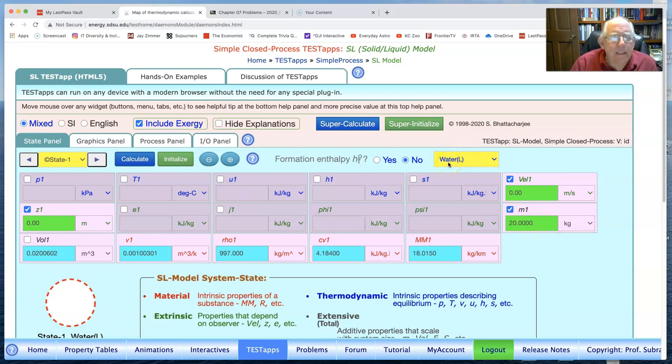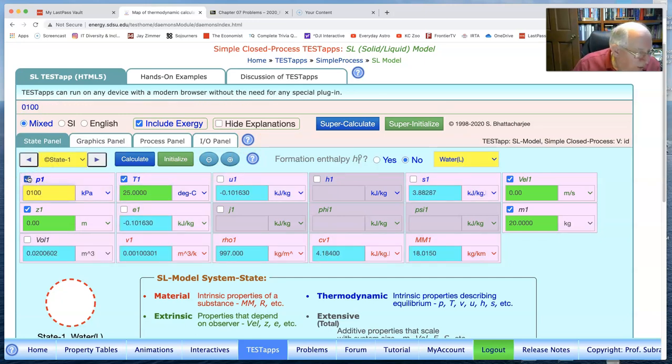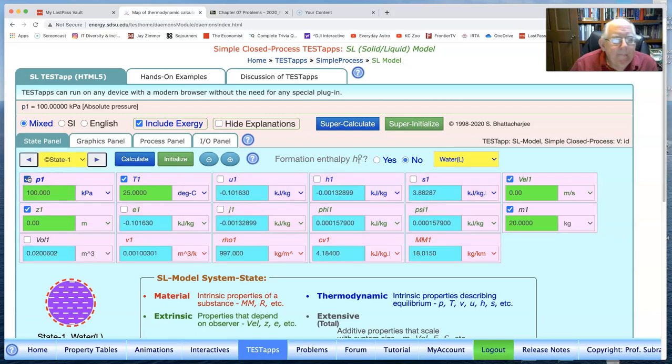Because water is incompressible, we know that the density is going to be relatively constant, and we start the system at 25 degrees Celsius and at a pressure of 100 kPa. And so our 20 kilograms of liquid water occupies this volume. If I were to switch that over to liters, it's about 20 liters of water.